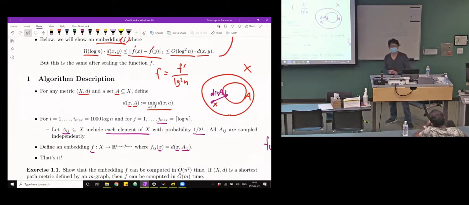Is the algorithm clear? Yeah, that's the algorithm.